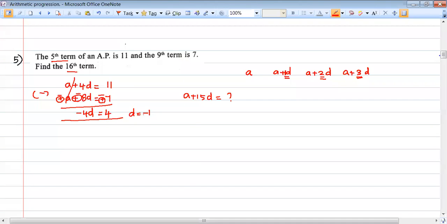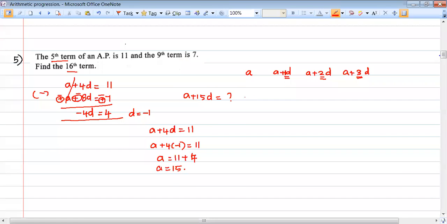Once you get D is equal to minus 1, you can substitute in either equation. A plus 4D is equal to 11, so A plus 4 into minus 1 is equal to 11. A is equal to 11 plus 4, which is 15.